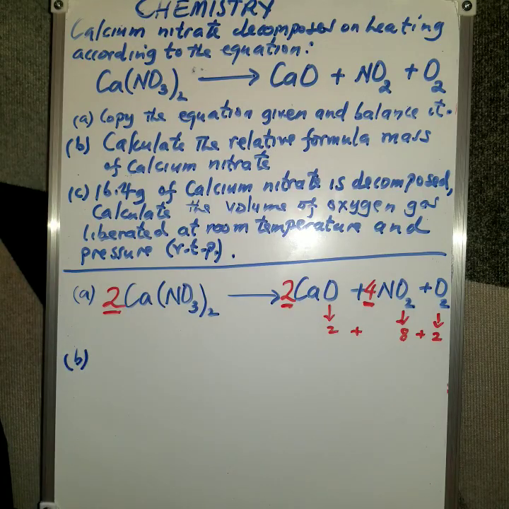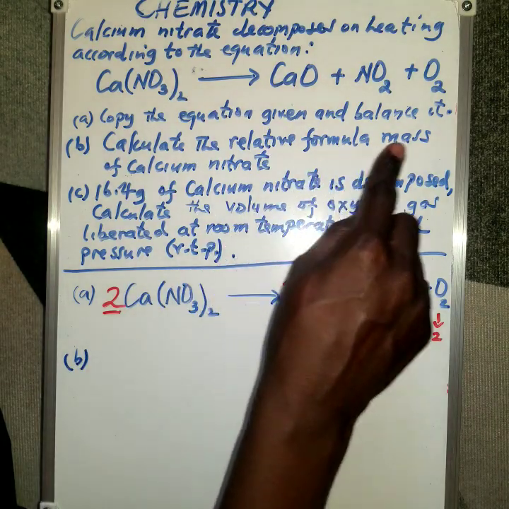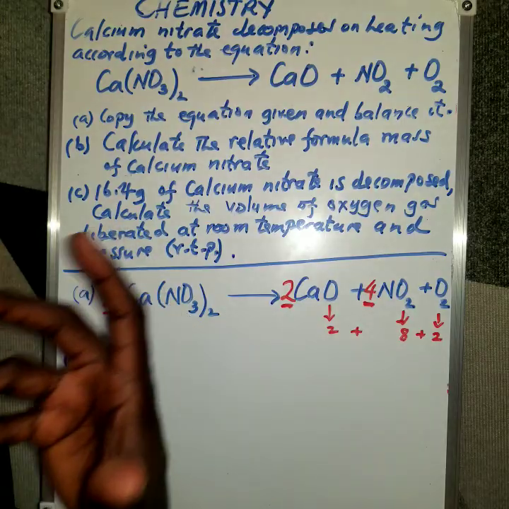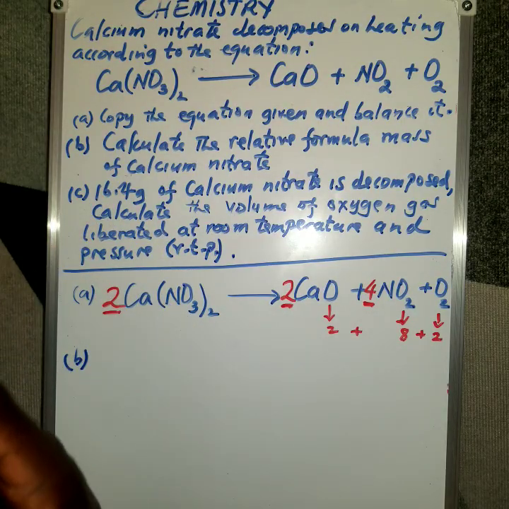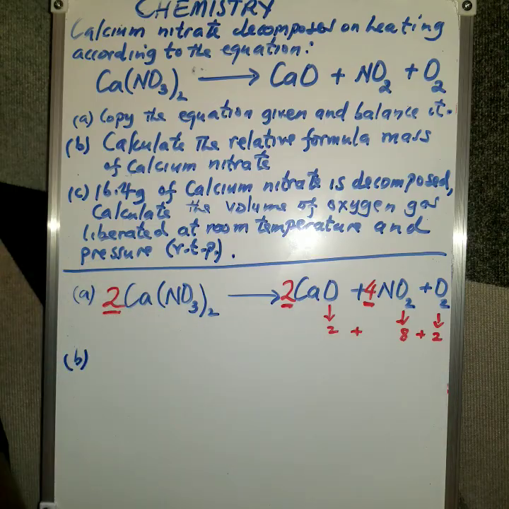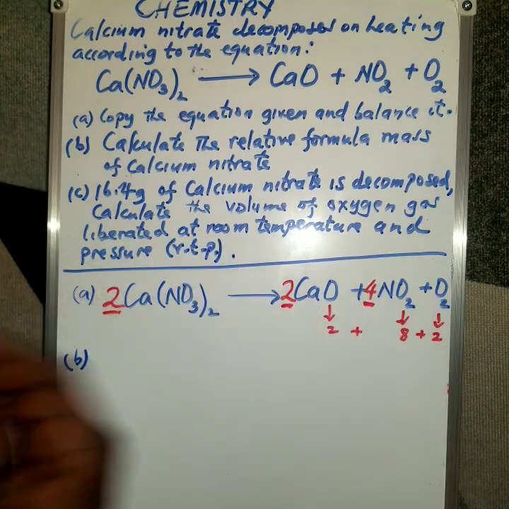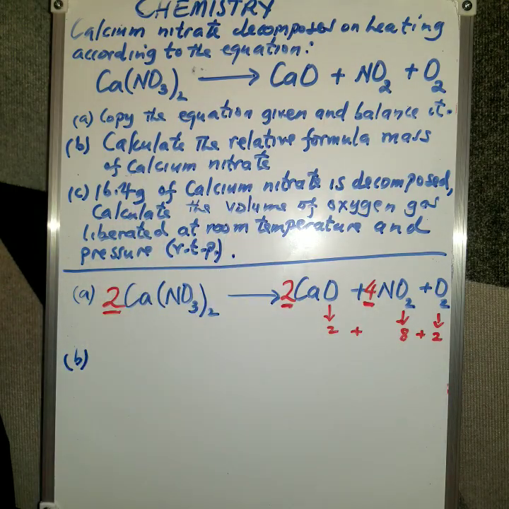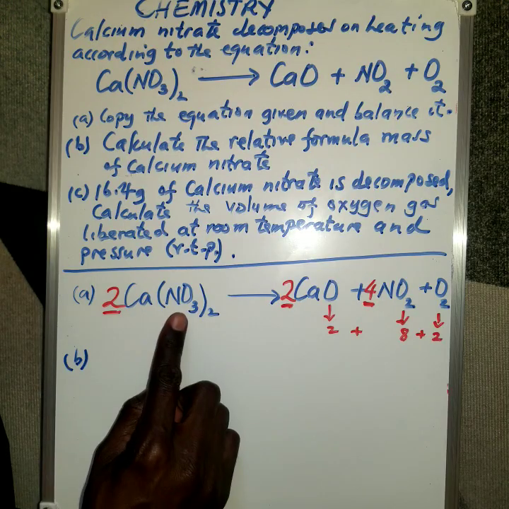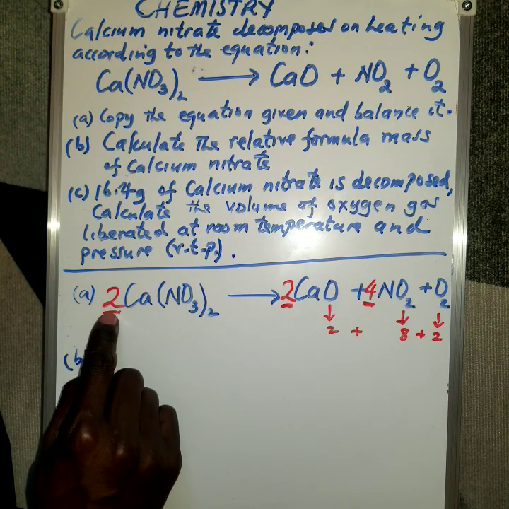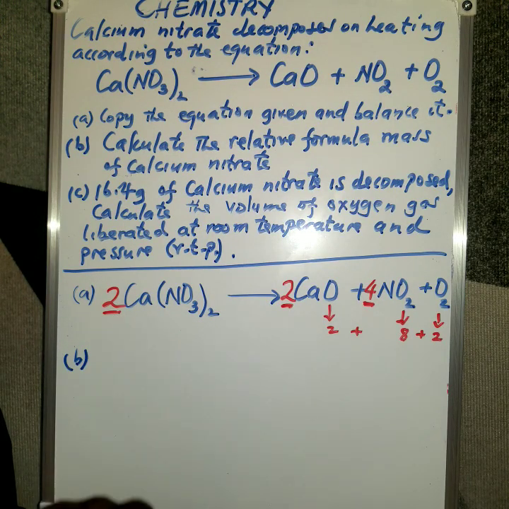B, it says calculate the relative formula mass. When we talk about the relative formula mass, it's the same as the relative formula weight or the molar mass or the relative molecular mass. So those are terminologies. Now it says calcium nitrate. For calcium nitrate, you don't need to account for this number outside. No, it's for one molecule.